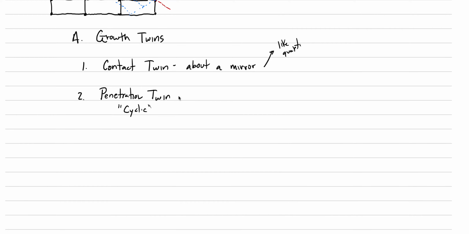And so we're going to say penetration twin about an axis, and if we put an axis right here and we drew one crystal and we wanted to rotate about that axis and do another crystal intergrown with it, well, you might get something like this in the shape of a cross. And that happens quite a bit.